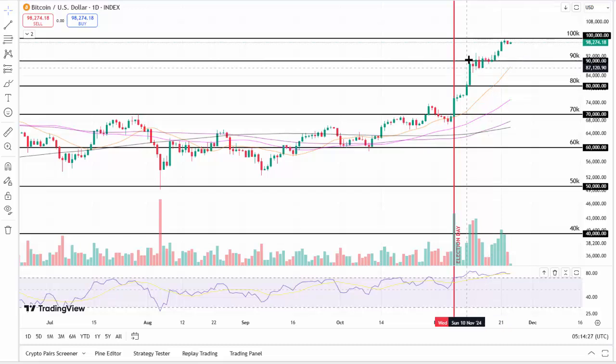It stayed consolidating at 90K, while the volume had been going up like crazy, increasing as the price goes up, and then consolidating at resistance at 90K. This is an explosive setup.